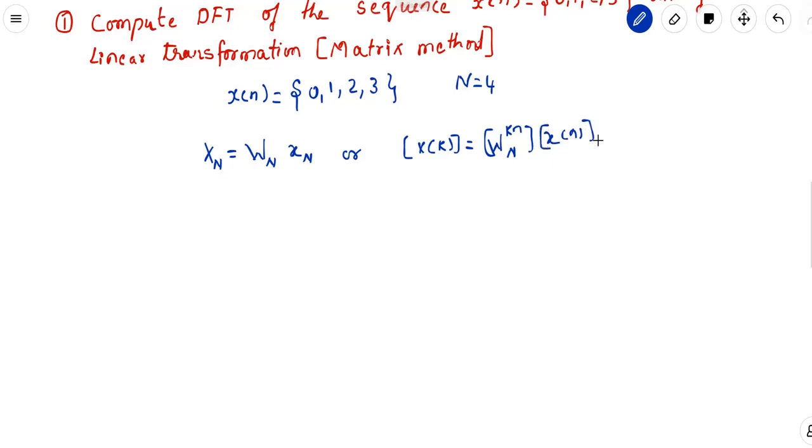This is also one way to represent the DFT equation in matrix form.